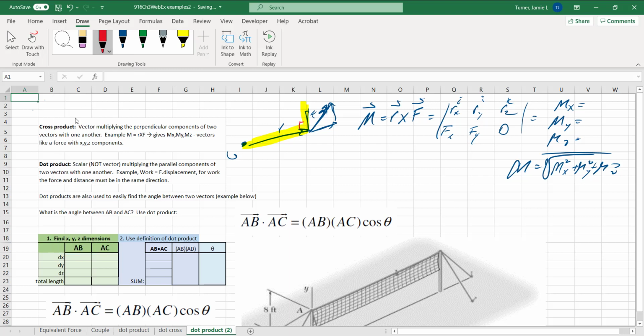You can walk through the cross product, or if I know this angle, then the opposite side, this moment, you could also say is equal to the position vector times F sine theta. That would get me the exact same thing as this cross product would give me.